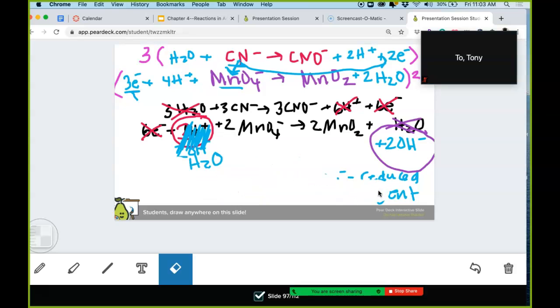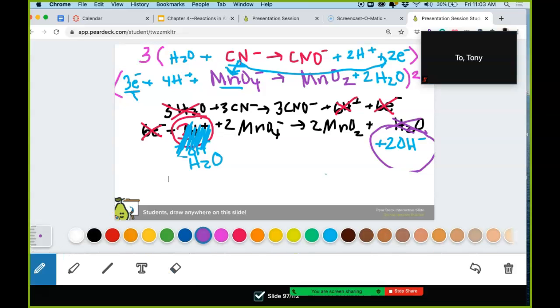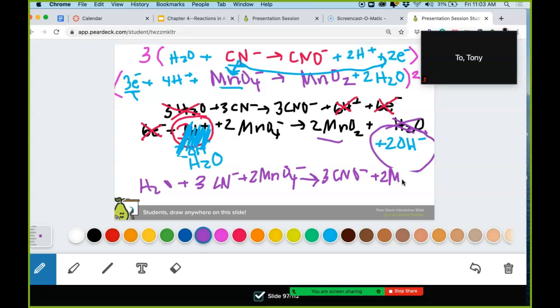So, write out what we have. Let's see, what do we have? We have a water, H2O, on the left side. We have 3 cyanides and 2 permanganates on the left side. That's it for the left side. The right side has 3 CNO minuses and 2 manganese dioxide, MnO2.